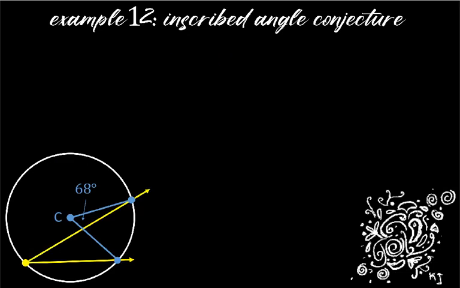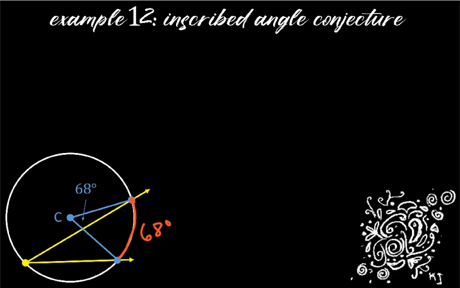The next one is a little bit trickier because we are not given the intercepted arc right here. However, we are given the central angle that relates to that intercepted arc. And that tells us then that this intercepted arc must also be 68 degrees.